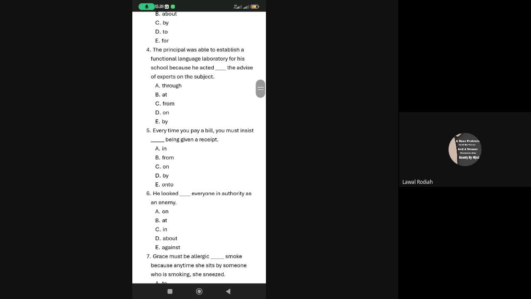Question 4. The principal was able to establish a functional language laboratory for his school because he acted dash the advice of experts on the subject.